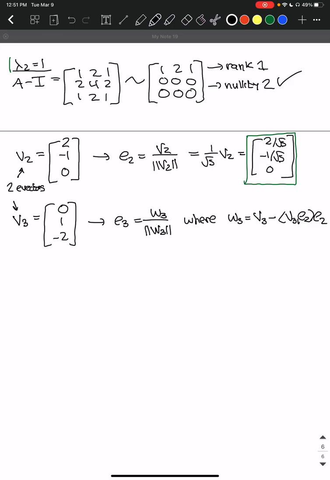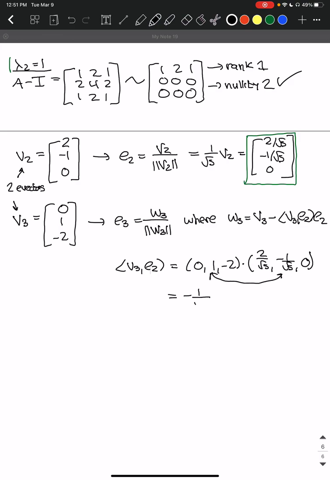Okay, we can go ahead and figure out what that is. We have V3 with E2, which is just the dot product of V3 with E2. So I have 0, 1, minus 2, dotted with 2 over root 5, minus 1 over root 5, and 0. Notice that the only term that survives here is this 1 and this minus 1 over root 5.